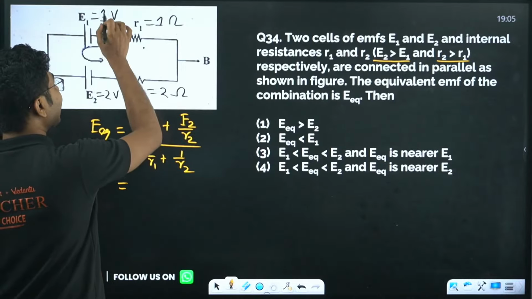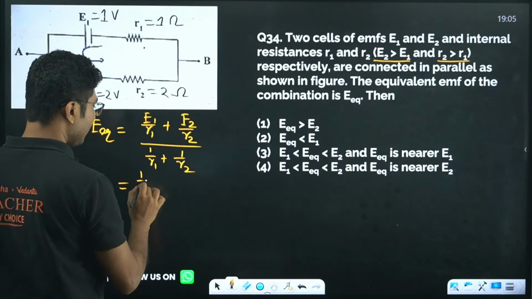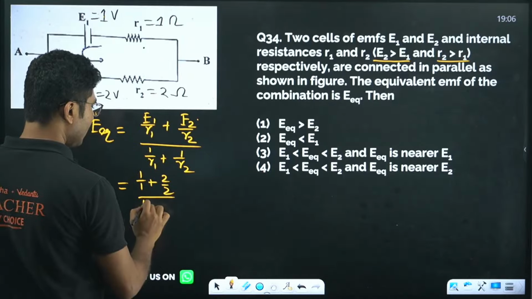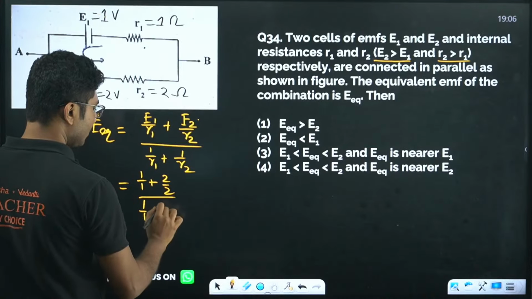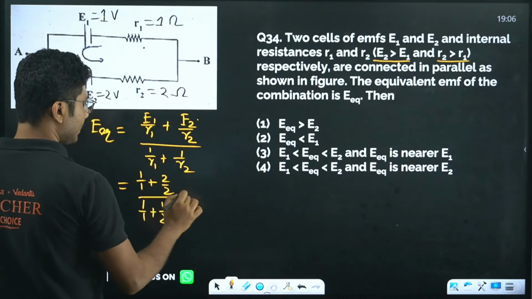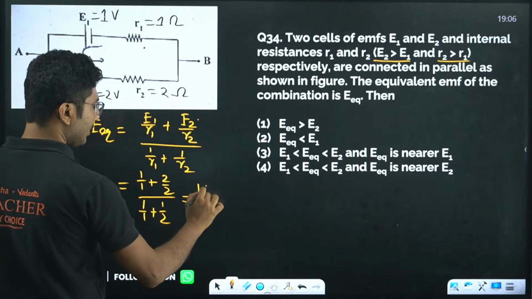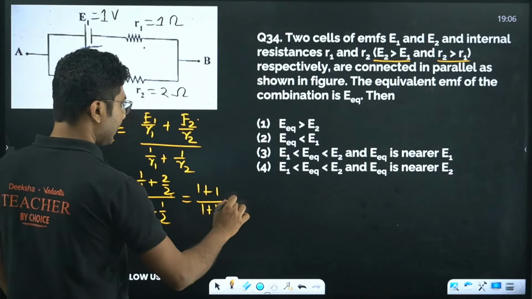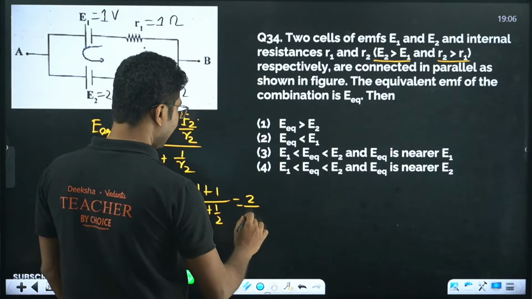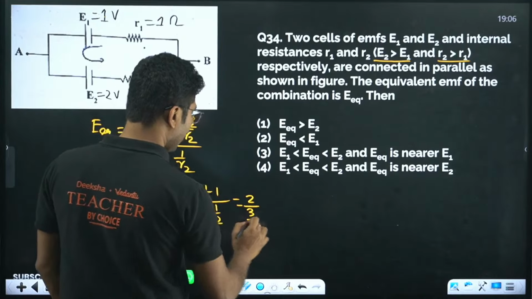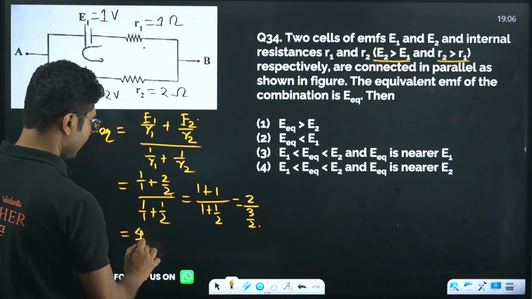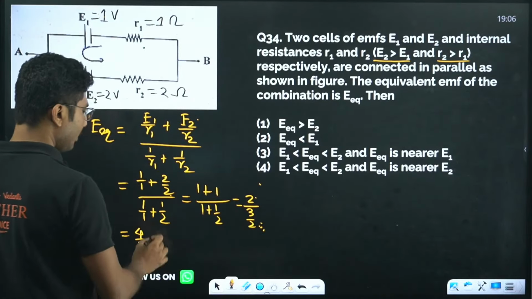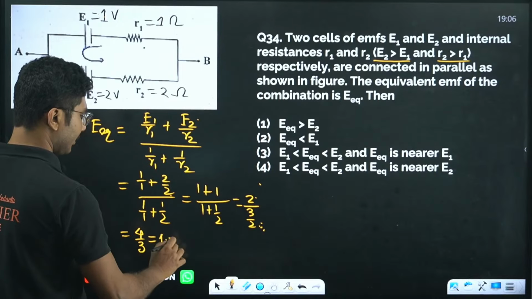So I have taken both of them as 1, so 1 by 1 plus 2 by 2, both of them are 2, divided by 1 plus 1 by 2. So 1 by 1 becomes 1, 2 by 2 becomes 1, here we get 1 plus 1, that is 2, divided by 3 by 2, that is 4 by 3, right? 2 by 3 by 2 means this 2 goes up, becomes 4, and this is 1.33.